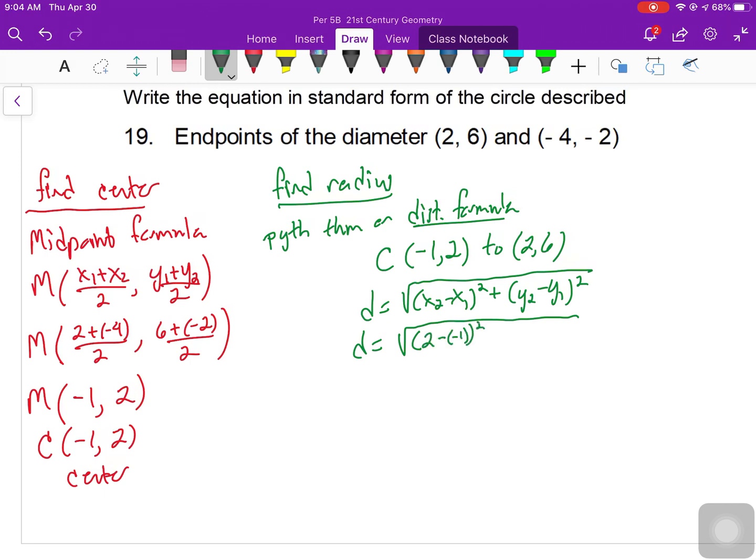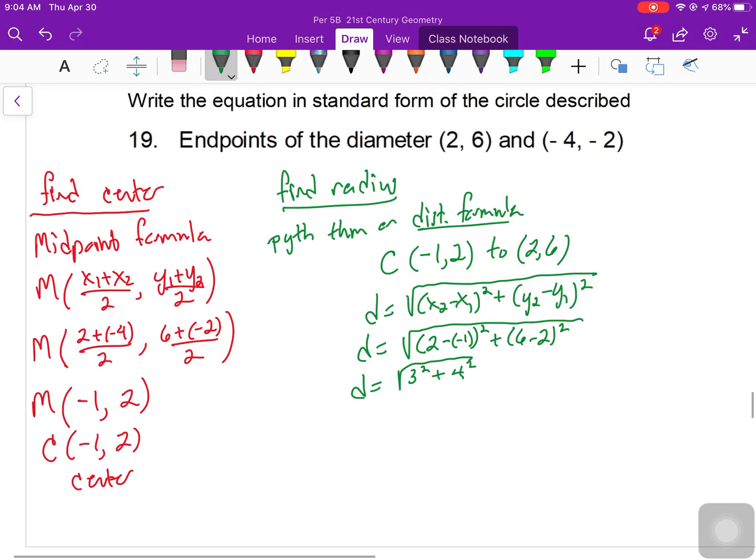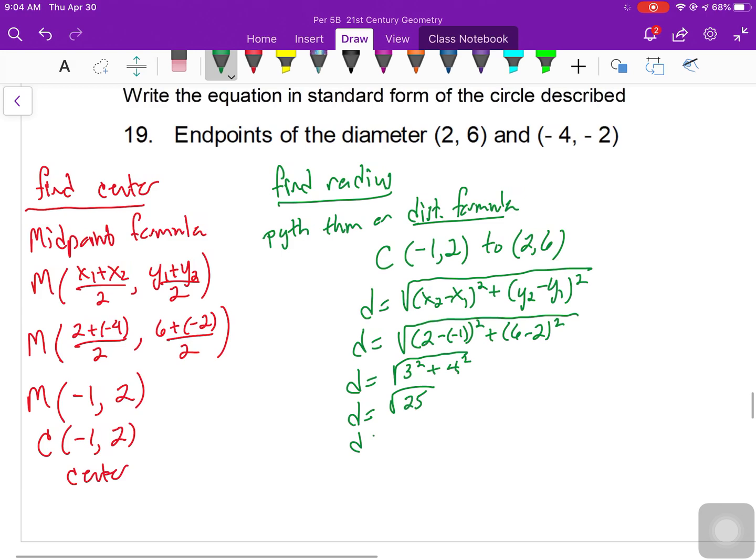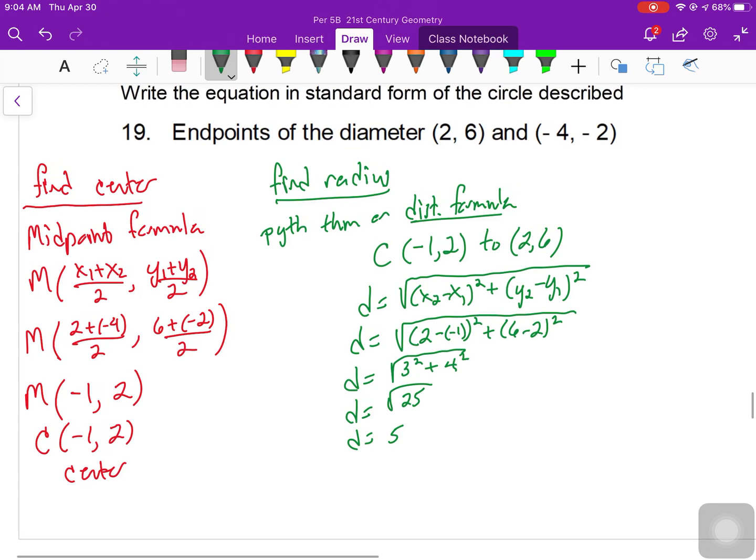And I would have 2 minus negative 1 squared plus 6 minus 2 squared. 2 minus negative 1 is really 3 squared. 6 minus 2 is really 4 squared. So that distance comes out to be the square root of 25. So that distance is 5. And that's our radius.